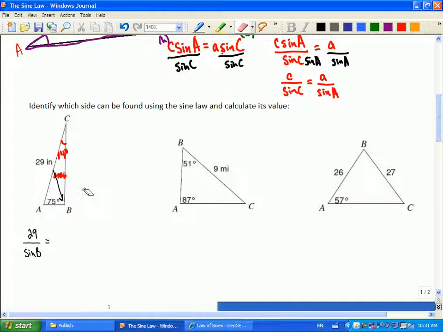So it can still be an arrow that goes there, but it shouldn't pair up with 75 degrees. That's side C. It has to be this angle in the corner or we won't be able to solve the problem. You know what? Let me do this just so that we don't get... I'm just going to draw the triangle bigger so that it's clearer, okay?